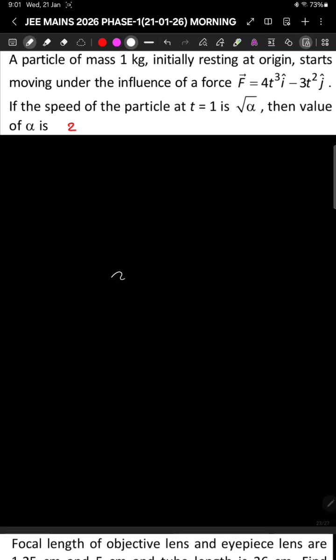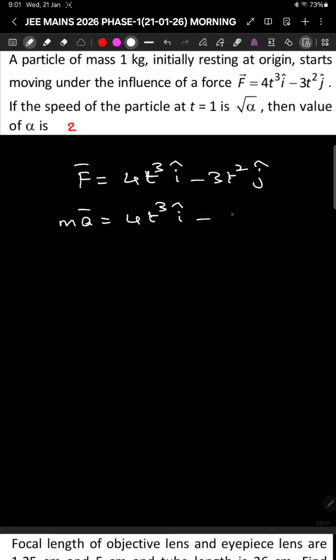This question belongs to kinematics. Here the force F bar is given as 4t cube i cap minus 3t square j cap. Force formula: mass into acceleration equals 4t cube i cap minus 3t square j cap. The mass given here is 1 kg. So I can write the acceleration as dv by dt equals 4t cube i cap minus 3t square j cap.